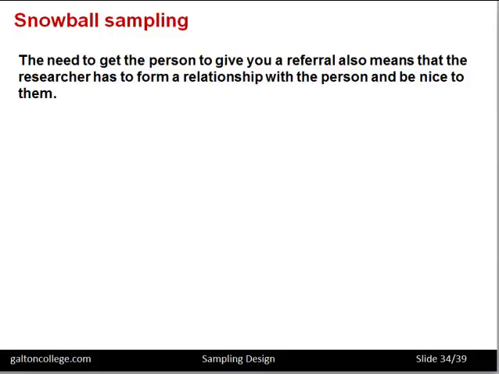The need to get a person to give a referral also means that the researcher has to form a relationship with the person and be nice to them. So the interview, if it is an interview in the survey being conducted, is going to be biased simply because the interviewer has to treat the respondent in a way that will produce the referrals.